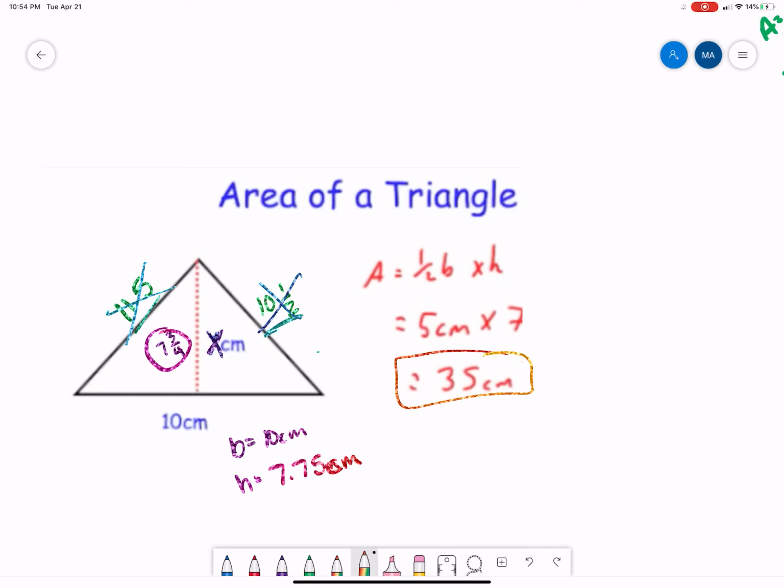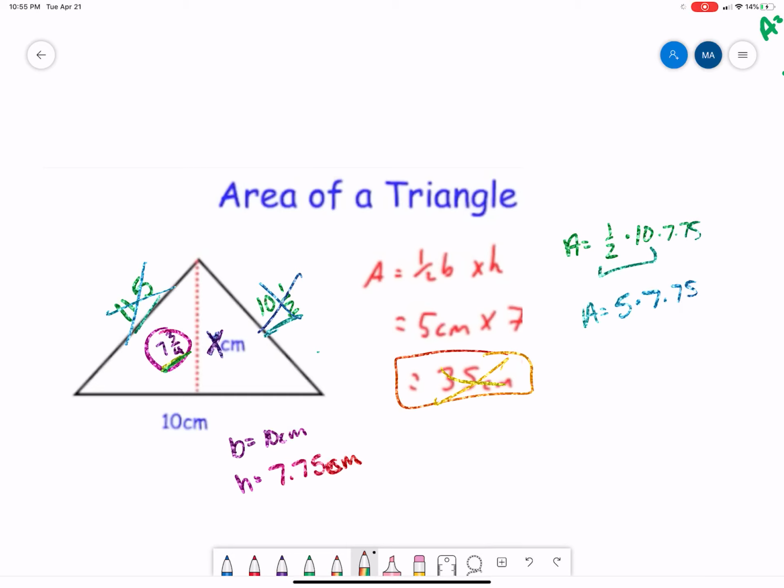So let's kind of have it one way written right here. We know the answer is going to be 35, right? Cool. But it's not, because I switched it up on you. So don't think you're Mr. Smarty and skip over this. So area equals 1/2 times 10 times 7.75. So 1/2 of 10 is 5 times 7.75.